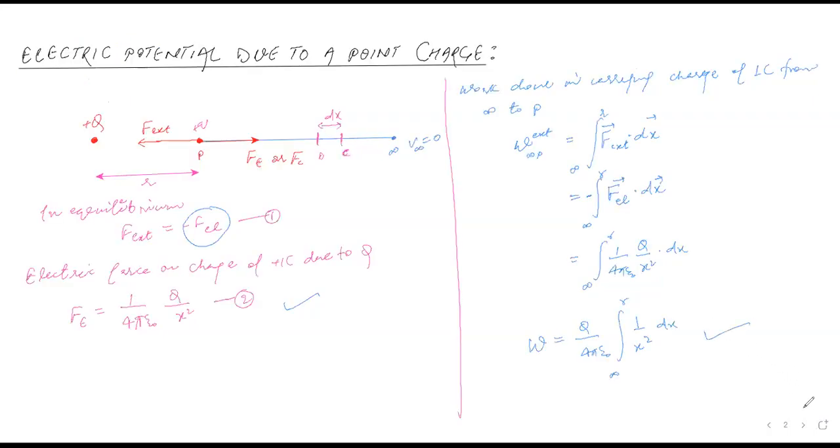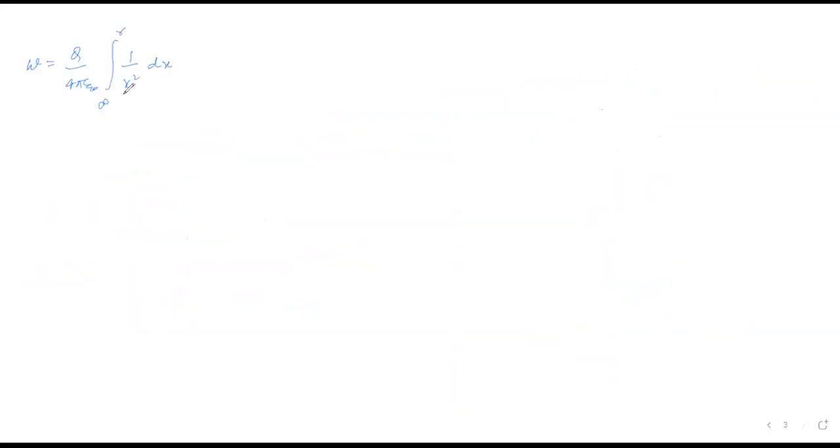Can we integrate it directly or not? No, because this function is not in the proper form, not in the form of x to the power n. The formula of integration is: if your function is x to the power n, then after integration we get x to the power n plus 1 over n plus 1.